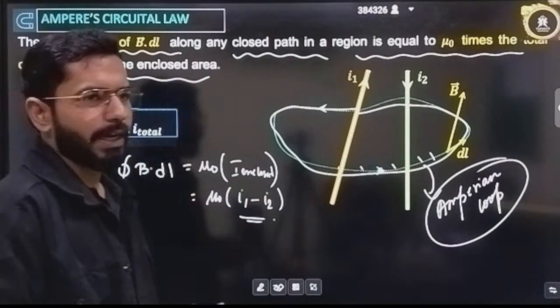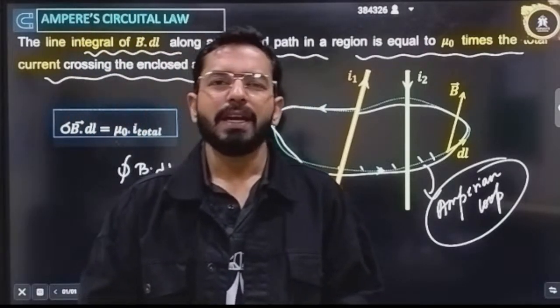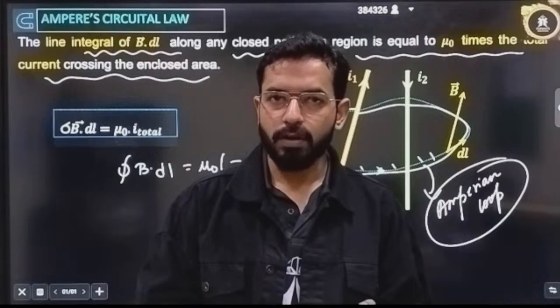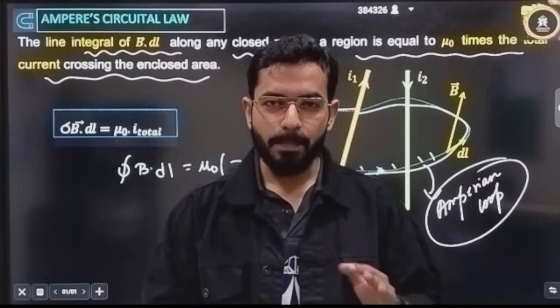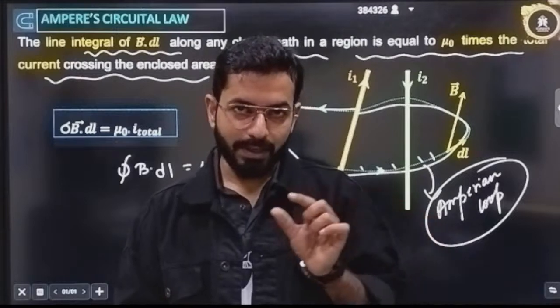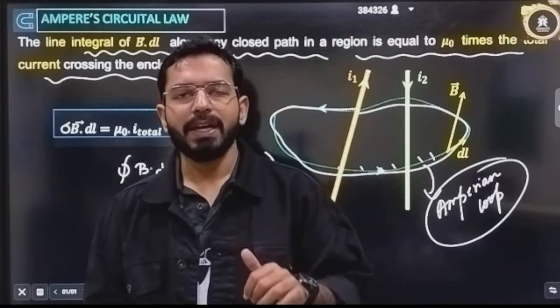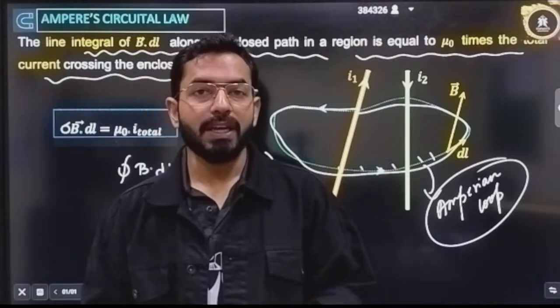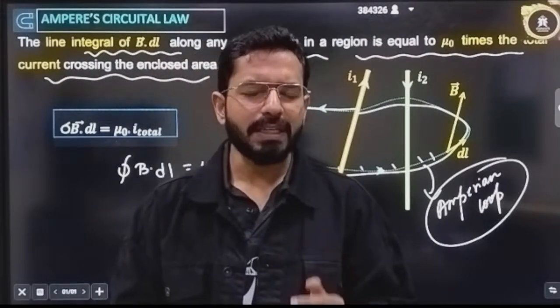Now, lots of applications can be understood from here. We derived the results for a straight wire and an infinite wire by the conventional method, in a complete element way, and then calculated the angle. Now we will derive everything again using Ampere's circuital law, and it will become very easy.